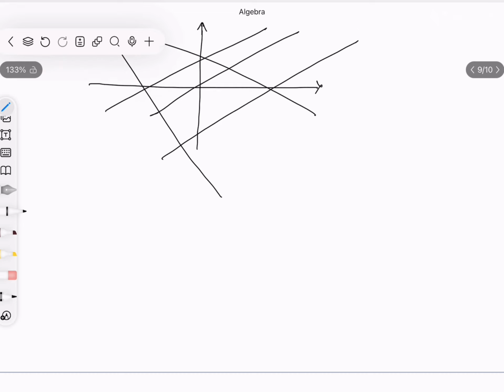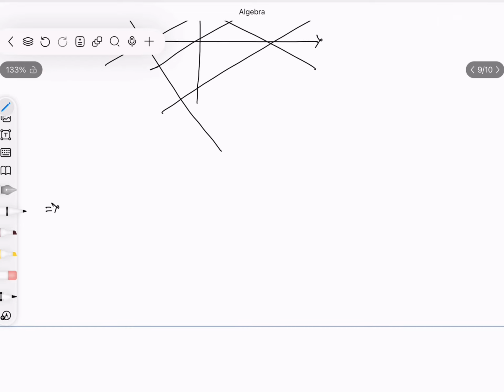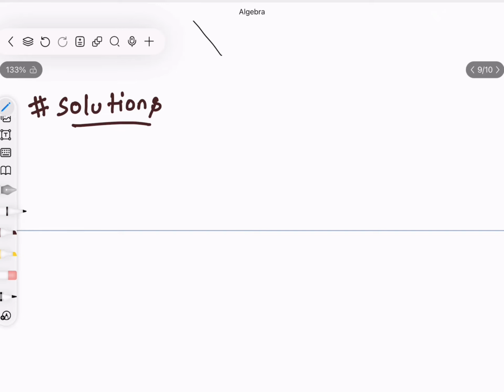Let's see a few more things. Let's talk about solutions actually. So let me take you to that topic itself. You will see a lot of questions in CAT based on this topic where they will ask you to find the number of solutions of given two equations.